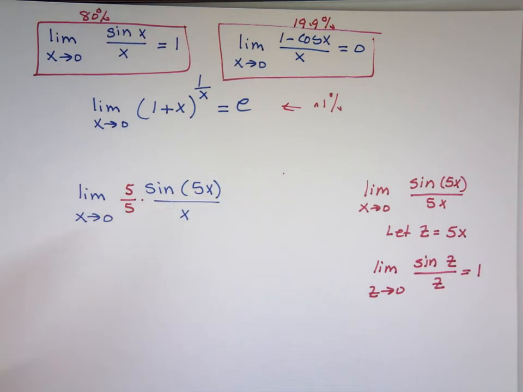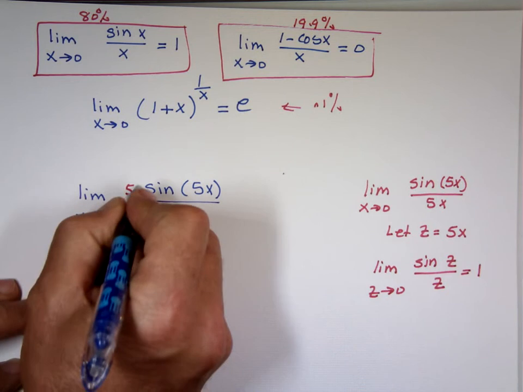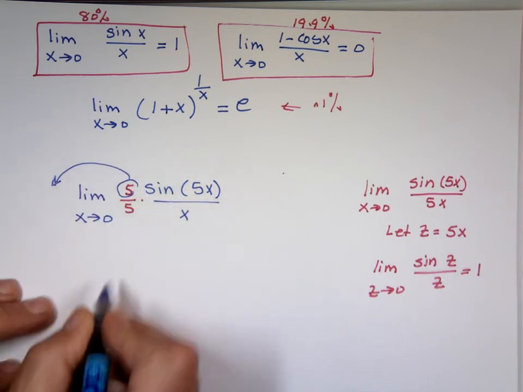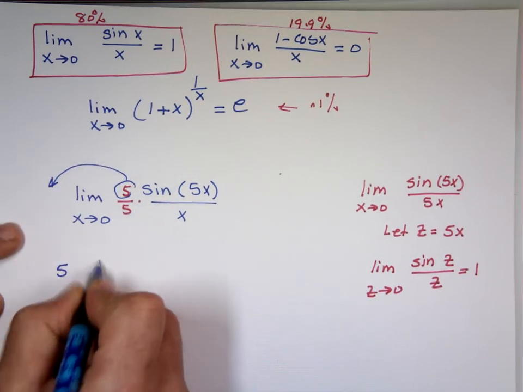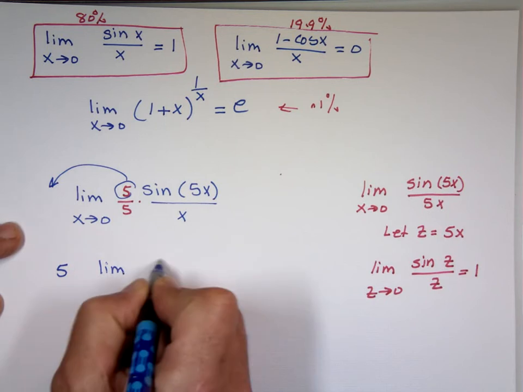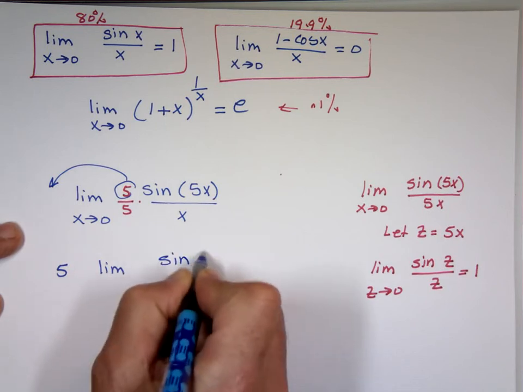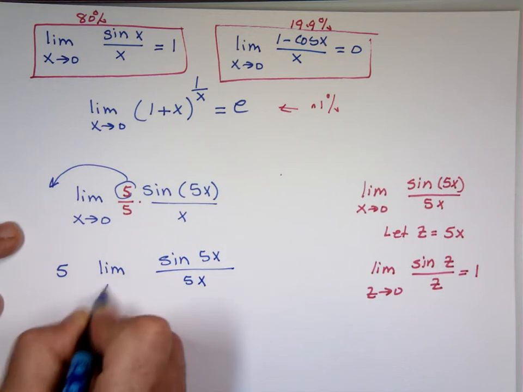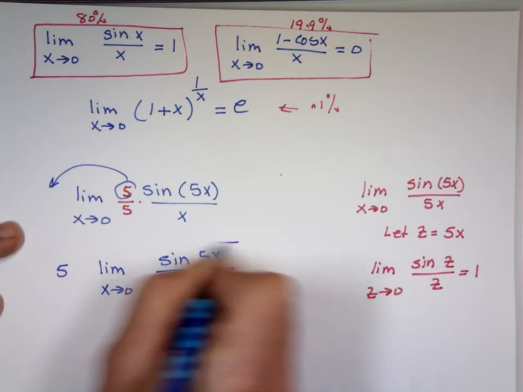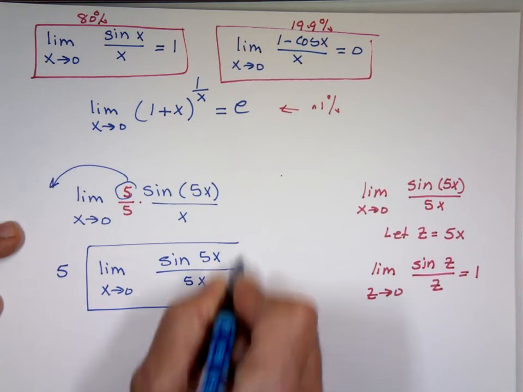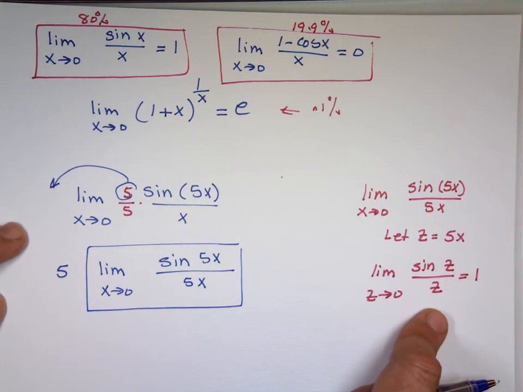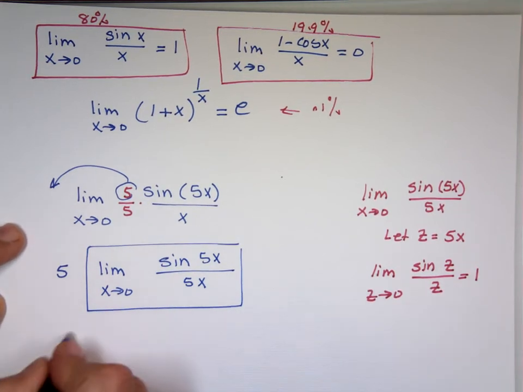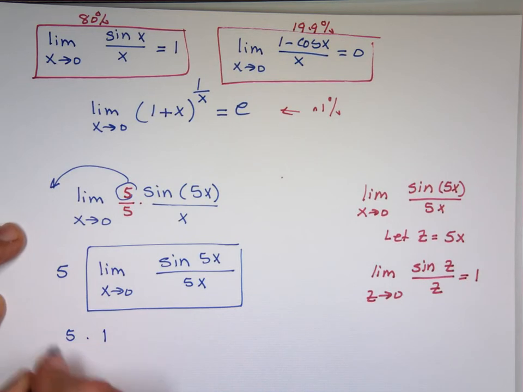Now I can pull this one outside here. And this is definitely a 1 by doing change of variable just like what I did here. So that's 5 times a 1. What's the answer? Which is 5.